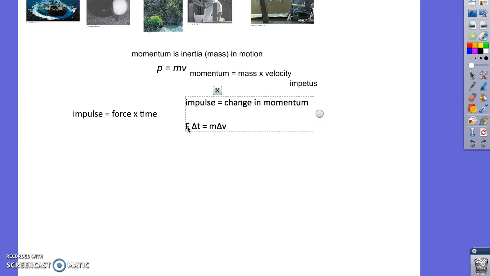If you're a baseball player and you want to hit the ball farther, give the ball more momentum when you're batting, then basically the harder you can hit the ball, the more force you exert on the ball, then the ball is going to have a bigger change in momentum and it's going to go farther. Because you changed its velocity, not its mass, but you changed its velocity enough that it's going to go a lot farther. So the easiest way then is just simply to increase force, and that's pretty straightforward.